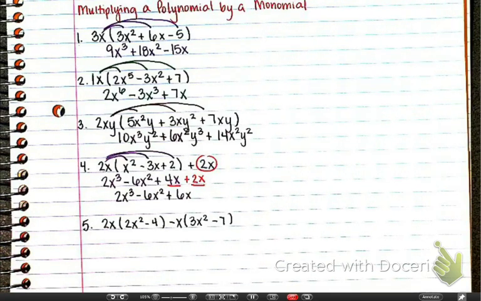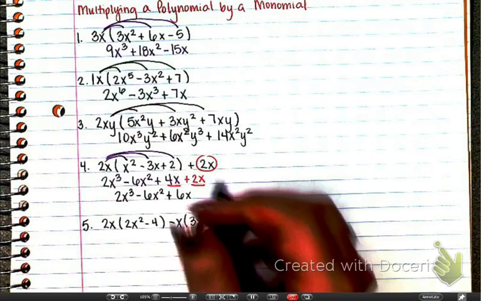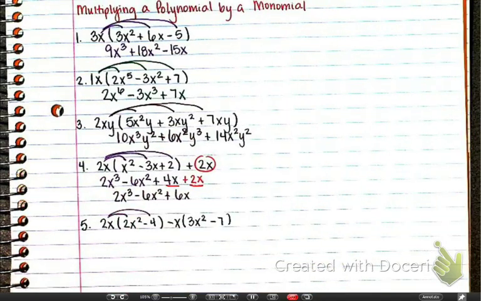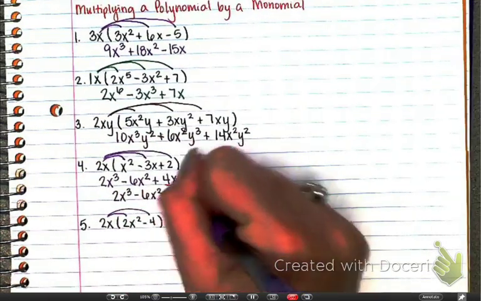What do you think we're going to do in this problem? Distribute twice, right? And then once we distribute twice, what do you think we'll do at the end? Combine like terms. You think you can try it? Okay, if you distribute twice, I'll distribute with this set and this set here.